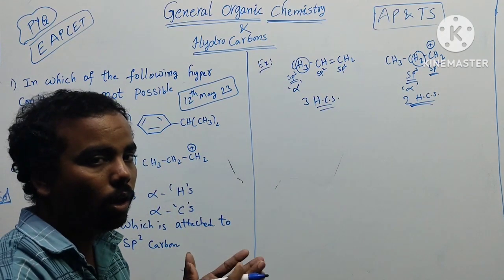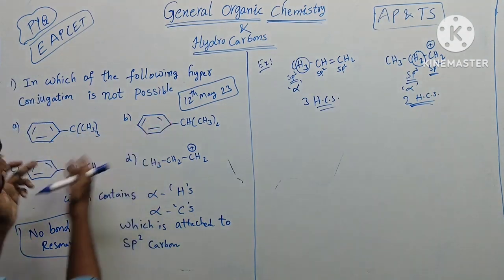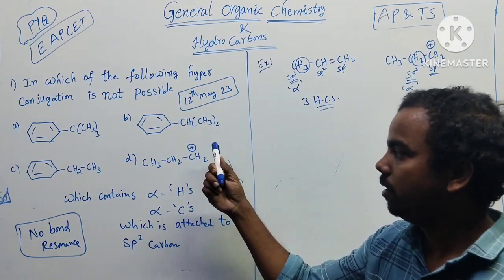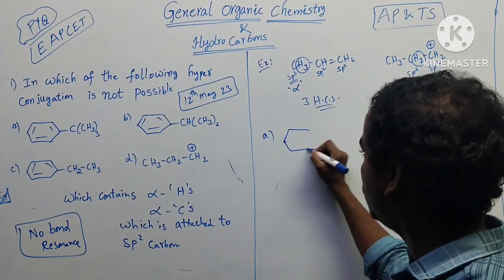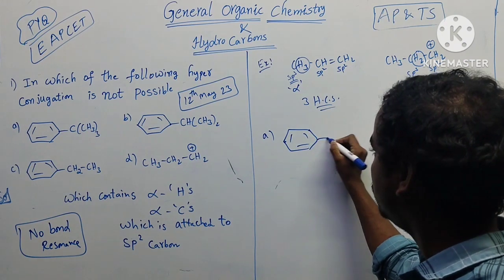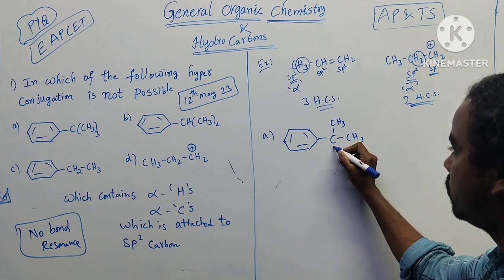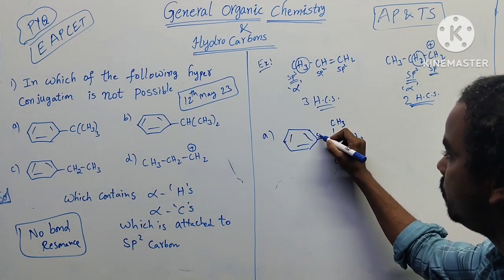So how do we identify which does not give hyperconjugative structures? Among these 4, the one that does not have alpha hydrogens. If you observe the first option, the carbon contains 3 CH3 groups. Double bond carbons are sp2 carbons.